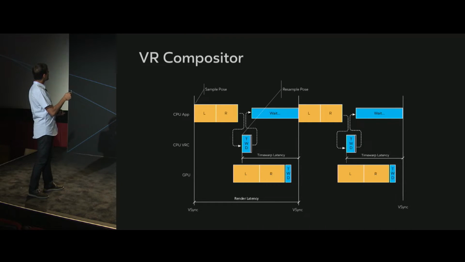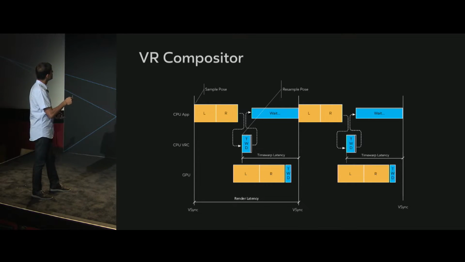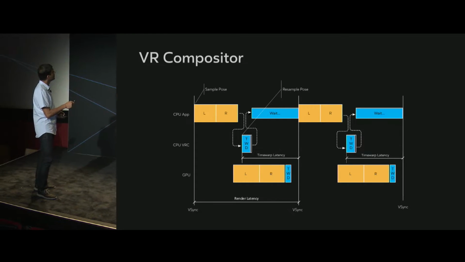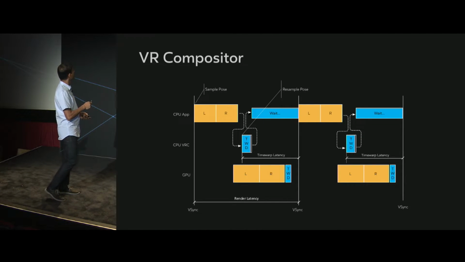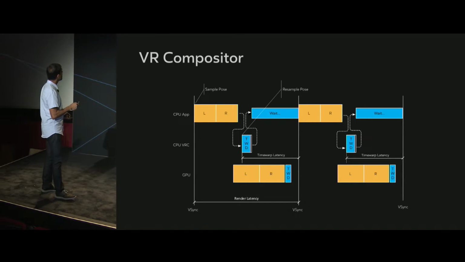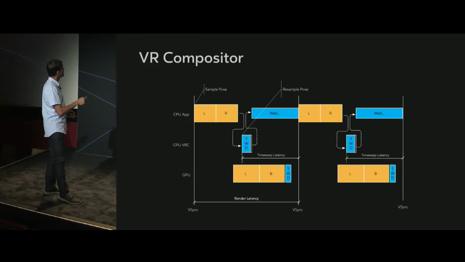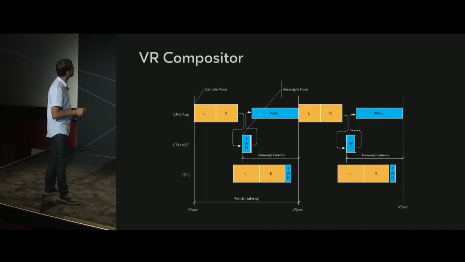And once the app finishes submitting all its rendering calls, it calls a submit frame API, which then informs our compositor to do the time warp and distortion work in its own process. And this time warp and distortion work eventually gets queued to the GPU to execute after all the eye buffer rendering is done. And so in this model, you have a typical app that has 1 frame of render latency, but because of time warp, our time warp latency is a lot smaller.